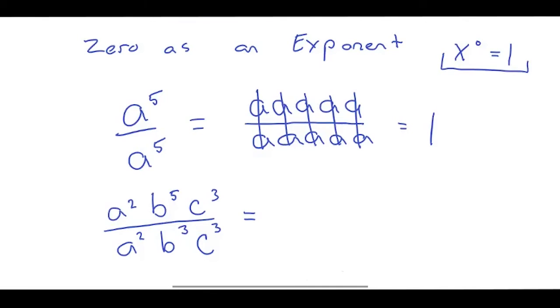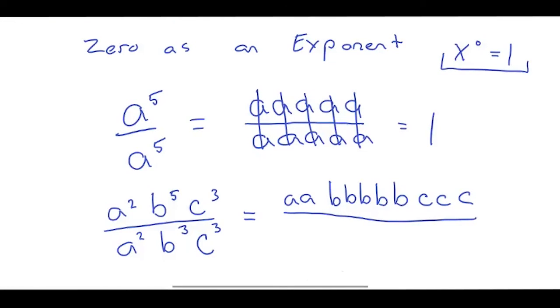And down here, I'll have a, b, b, b, b, b, c, c, c, over a, b, b, b, c, c, c.